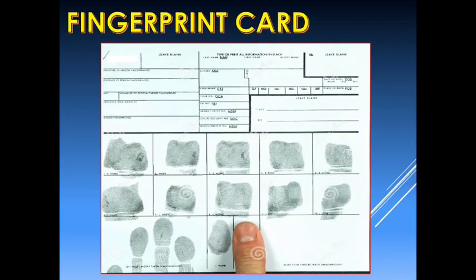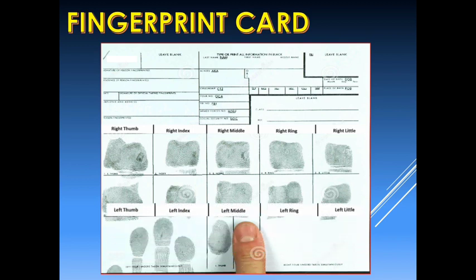So rolled impressions are taken from the 10 fingers. On the upper portion, it will be taken from the right fingers, and on the lower portion it is taken from the left fingers.